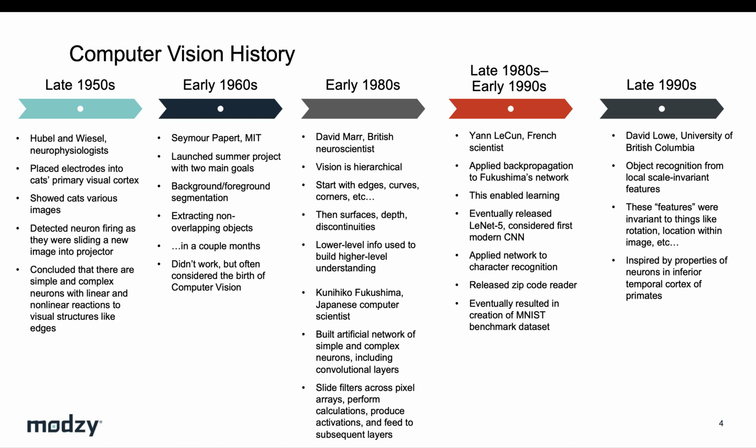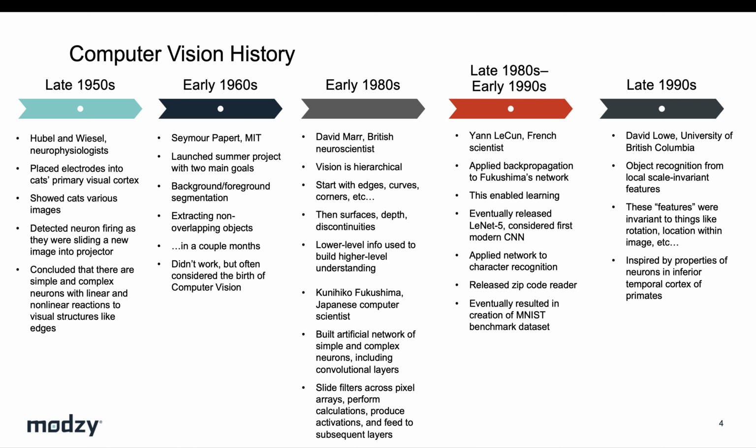Around the same time, a Japanese computer scientist named Kuniko Fukushima, I hope I pronounced that somewhat correctly, built an artificial network of those simple and complex neurons that we referred to earlier, and he included what are called convolutional layers. In which we slide what are called filters across pixel arrays. And we represent images numerically as arrays of pixel values.